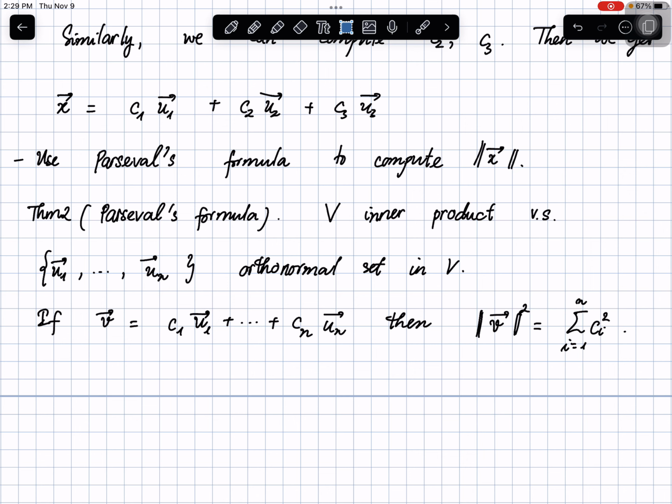If we have an inner product vector space, in our case R3 with the dot product, and an orthonormal set of three vectors, and a vector x in R3 that is a linear combination of u1, u2, u3, then the norm of x squared is the sum of all the coefficients squared.